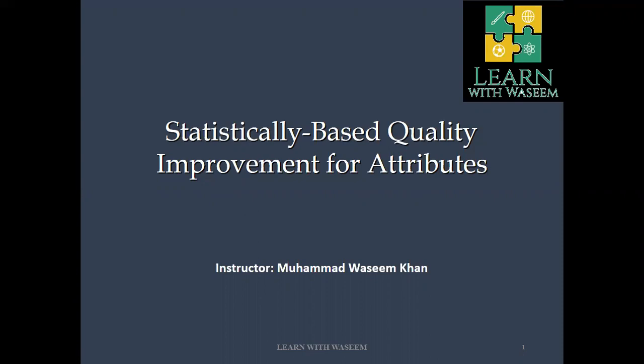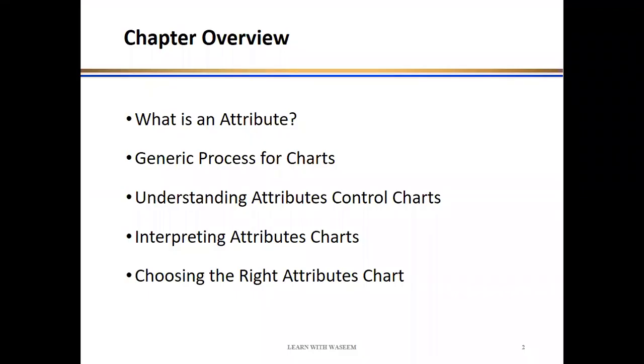In the previous lecture, we discussed statistically based quality improvement for variables. But in today's lecture, we are going to discuss statistically based quality improvement for attributes. In this lecture, we are going to discuss what an attribute is.